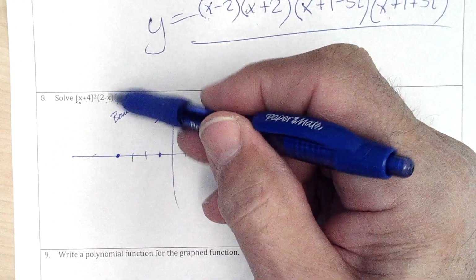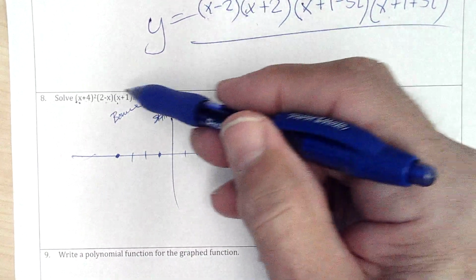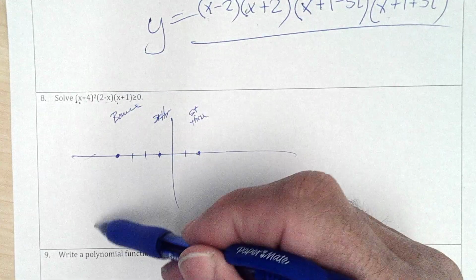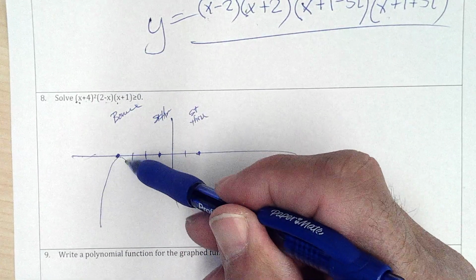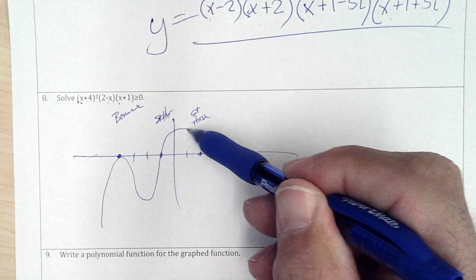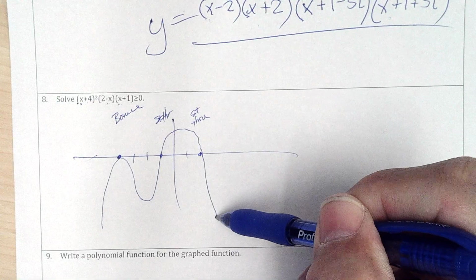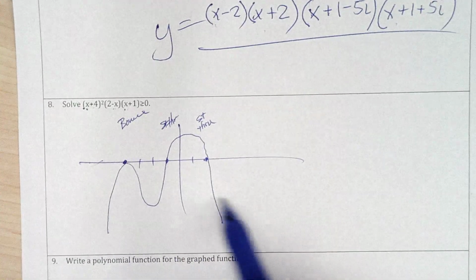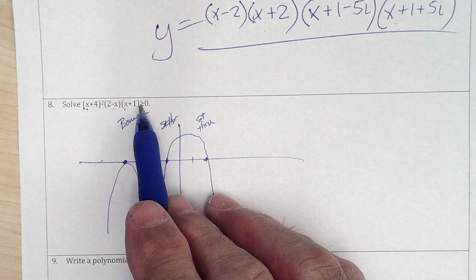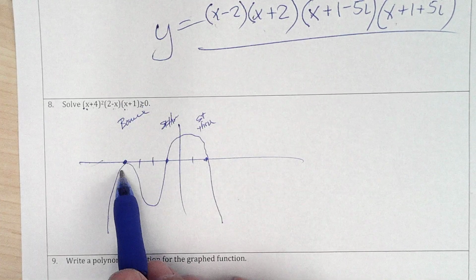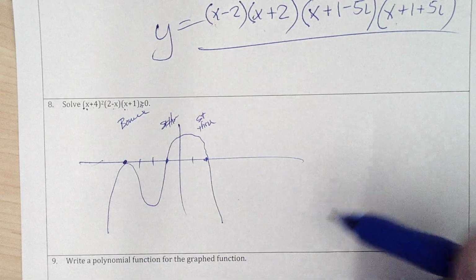So fourth degree starts up and ends up, but since it's got a negative, it's going to start down, bounce, straight through, and down. So when is this graph's y values 0 or more? Well, 0 at -4.